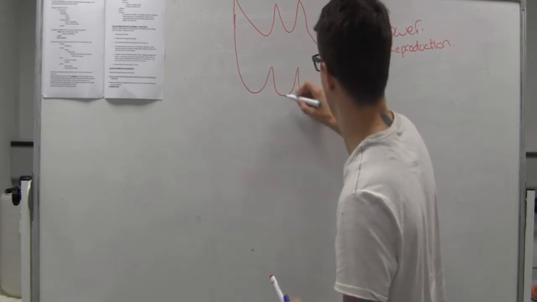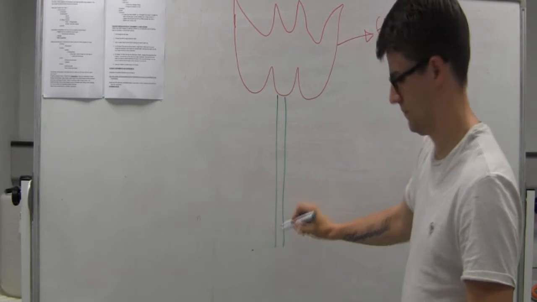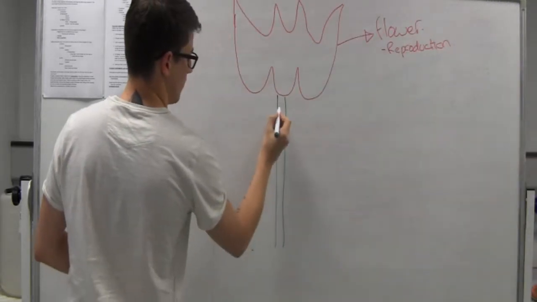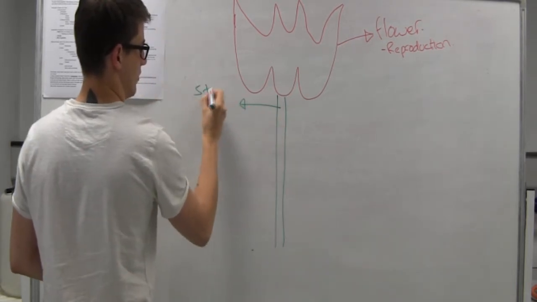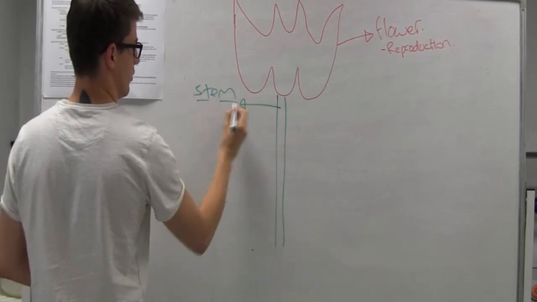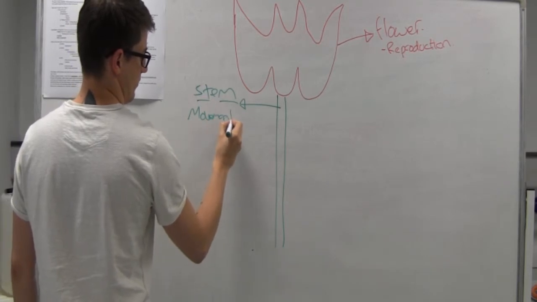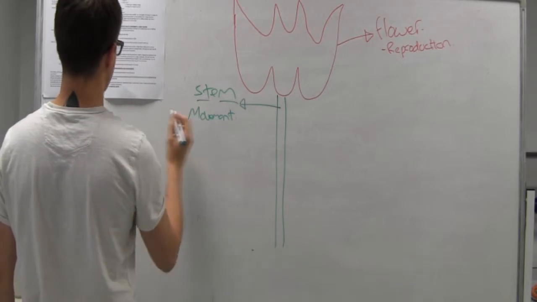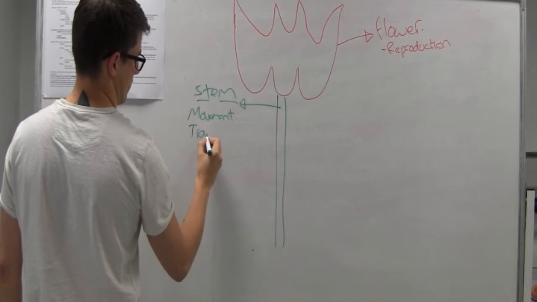You have a stem, which is important for movement, as in towards light, and for transport.